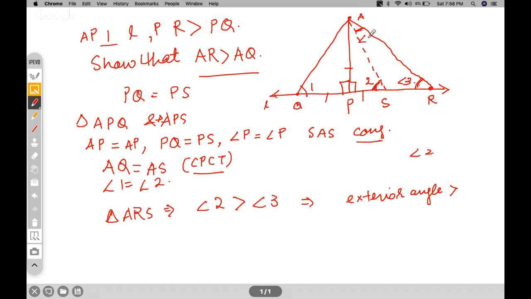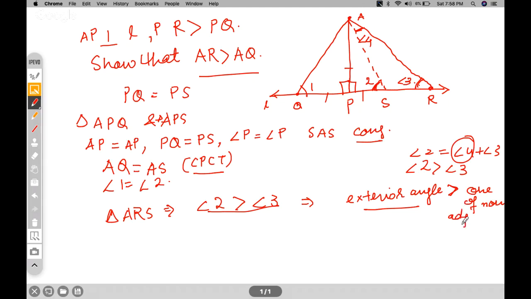Suppose this is angle 4, so angle 2 would be equal to angle 4 plus angle 3. If I don't take angle 4, then angle 2 would be greater than angle 3. That's what I am trying to write. The exterior angle is greater than one of the non-adjacent interior angles. So angle 2 is greater than angle 3.